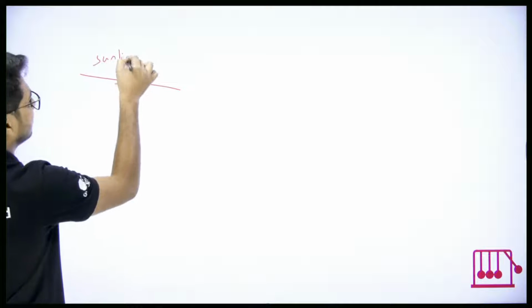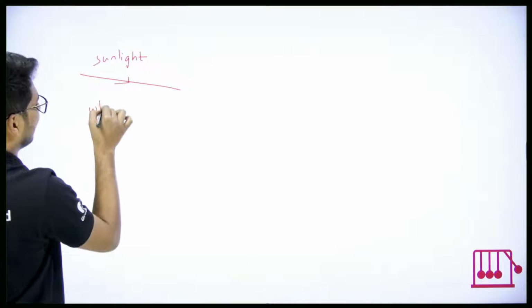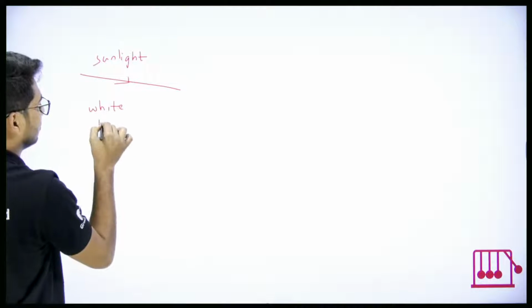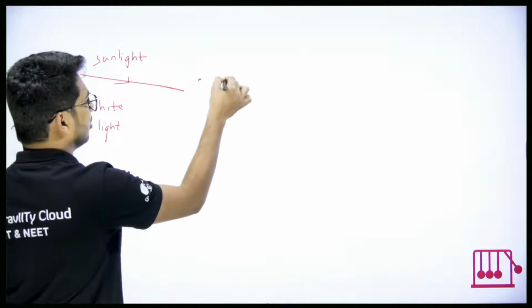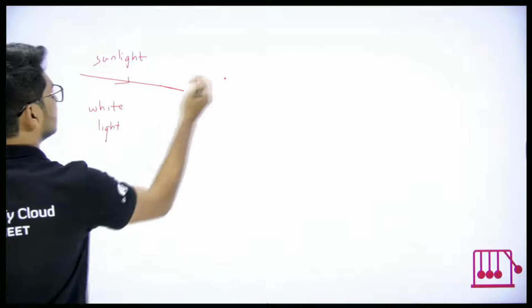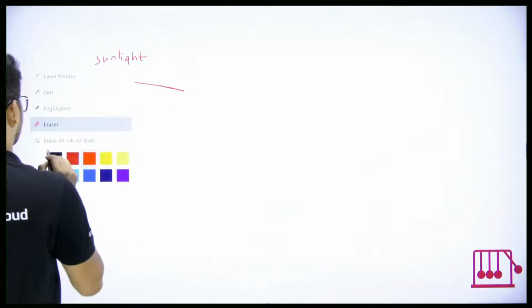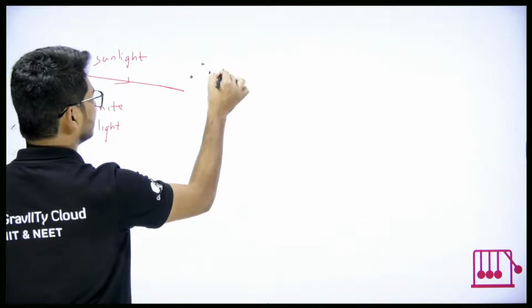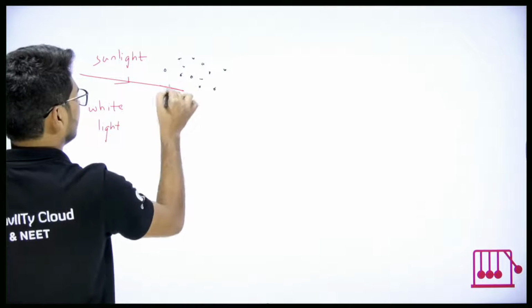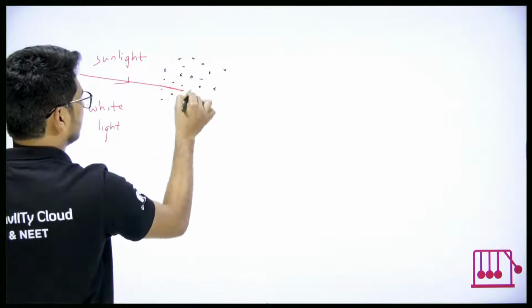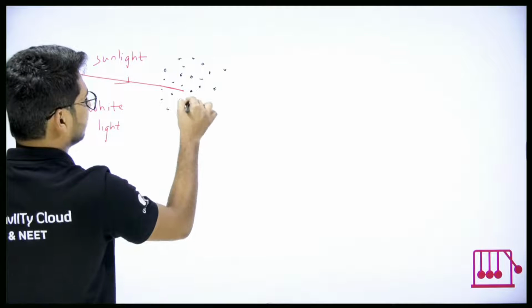White light in the sense it contains VIBGYOR. So when white light is incident on, let's say, dust particles, the first thing that you have to think about is the size of the particles.